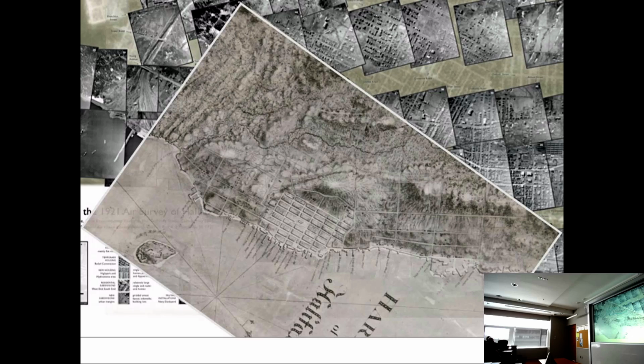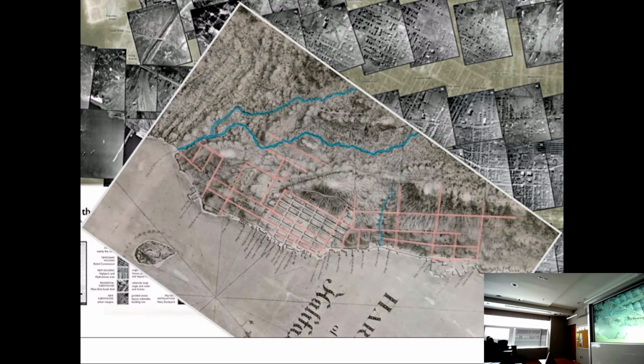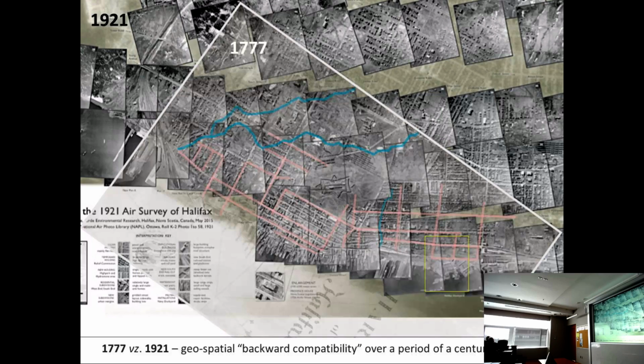And if you go a step further and overlay or trace out the streets as mapped by DeBars and the system of streams with the freshwater brook being here in the center, you end up with this little sketch map, from which I now pull out the DeBars map to see how it matches with the photography.